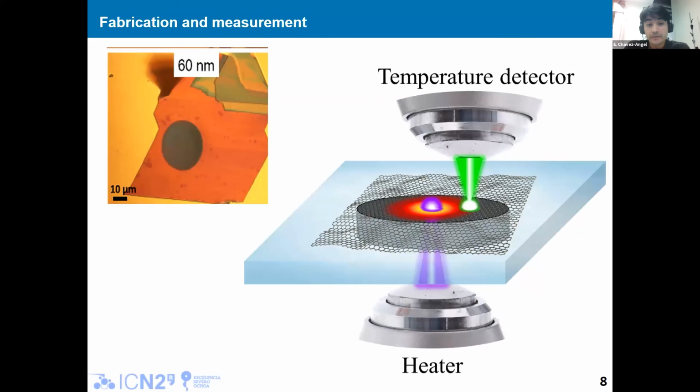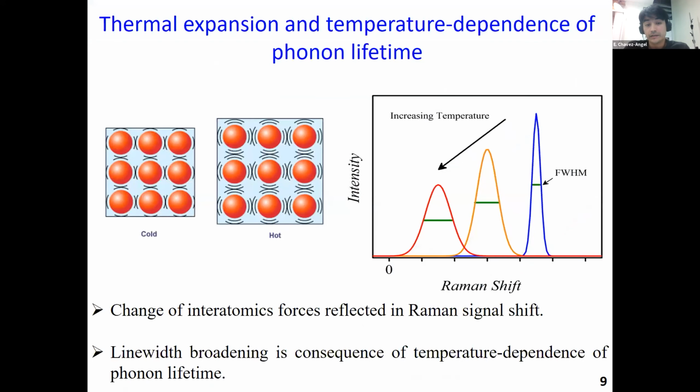Well, to measure the in-plane properties, we are using one technique developed in our labs, which we call two-laser Raman thermometry. The technique consists of generating a hot spot in the middle of the membrane, and with a second laser, we measure the Raman peak position as a function of distance. As we know, the Raman peak depends on temperature, shifting to lower energy.